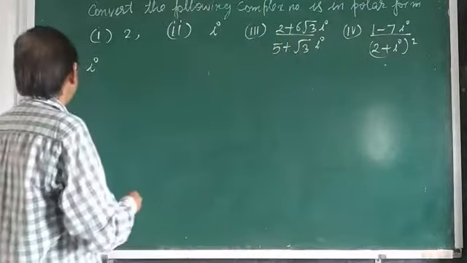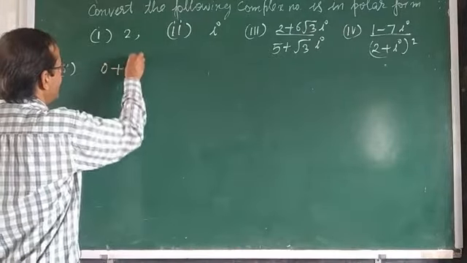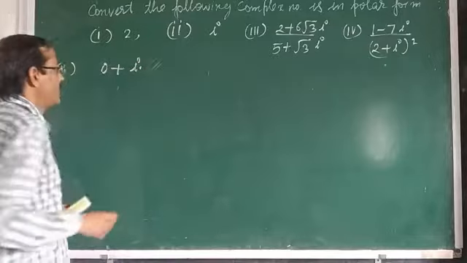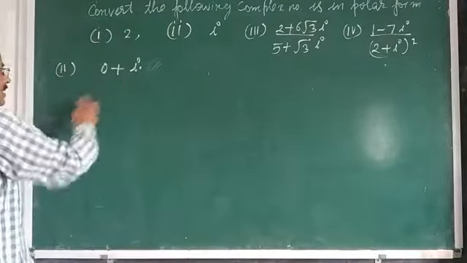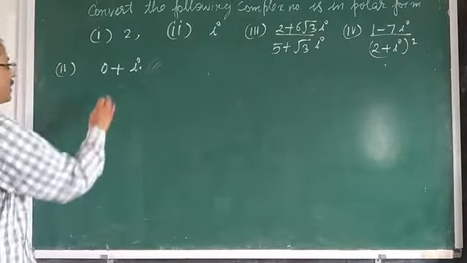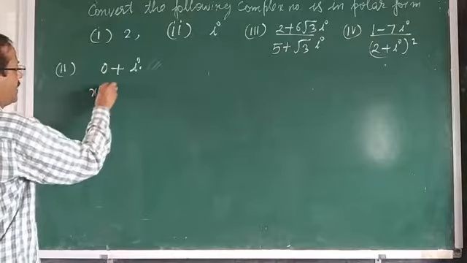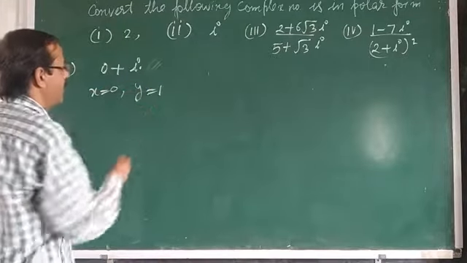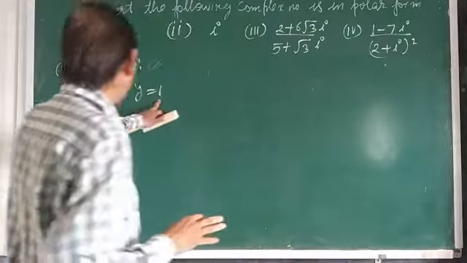So let's check it. Iota, we can write here as 0 plus iota. If we compare with x plus iota y, then x equal to 0 and y equal to 1. X is equal to 0 and y is equal to 1.